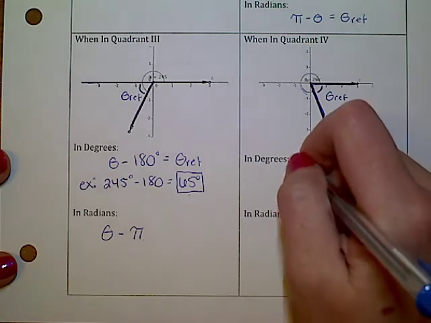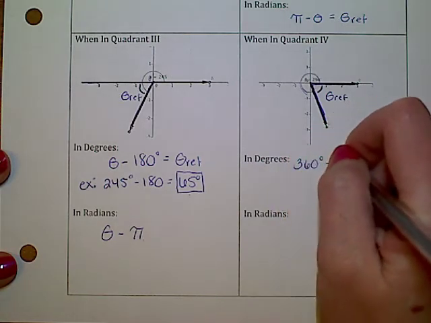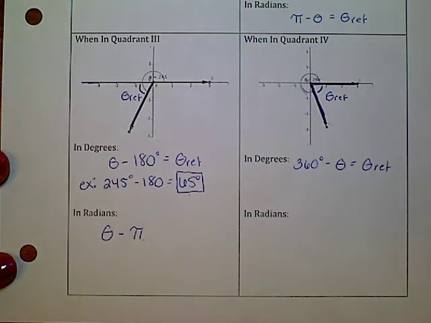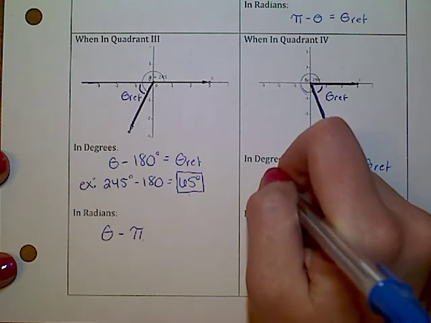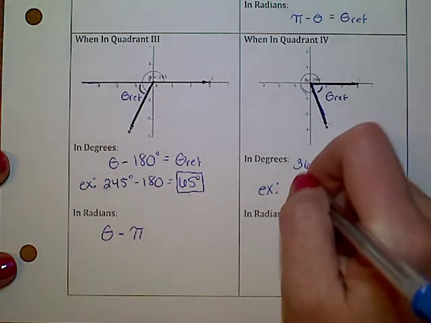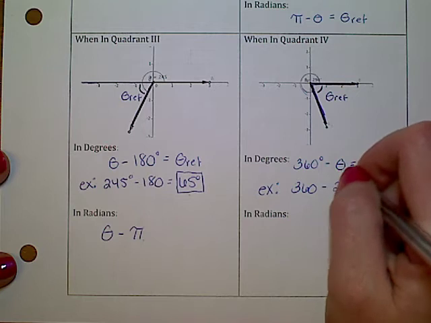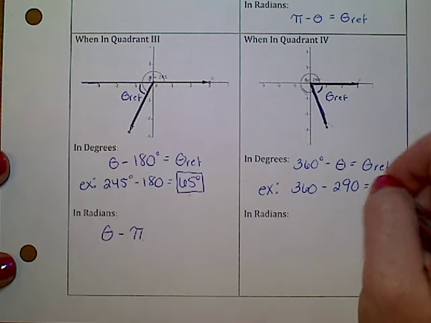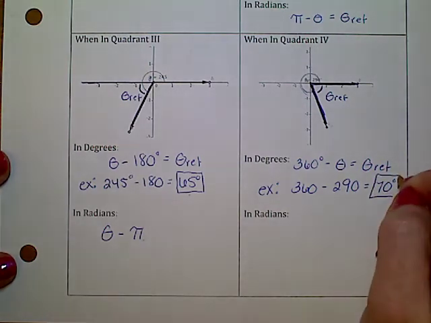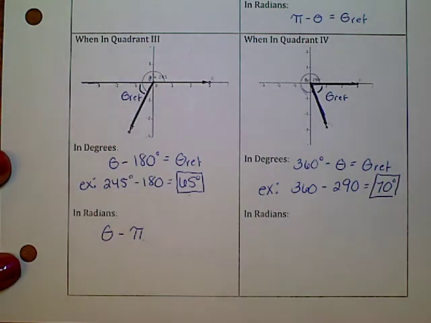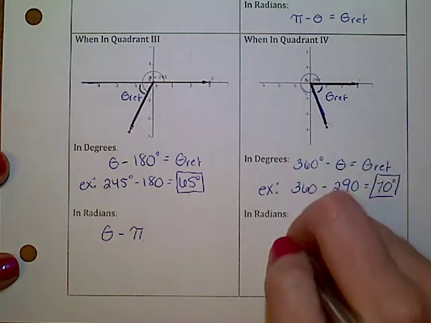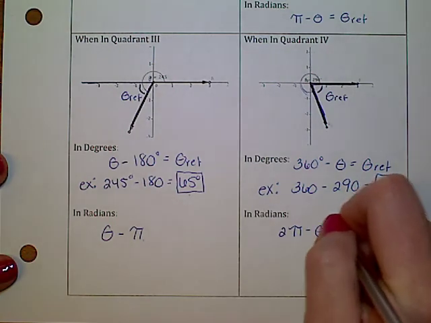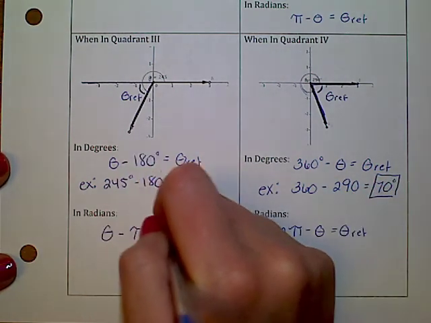So what I do is I take 360 degrees and I subtract the given angle. So on this example, we would take 360 minus 290, and that would give me a reference angle of 70 degrees. If you were in radians, instead of using 360, you would use 2 pi. This part.